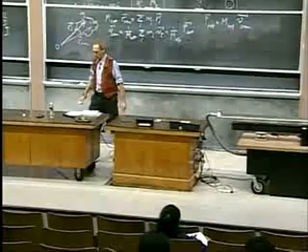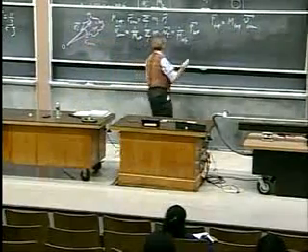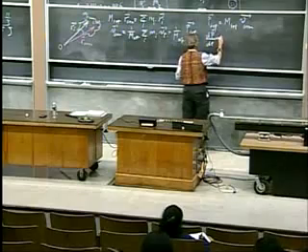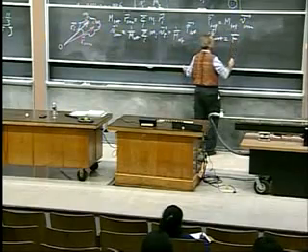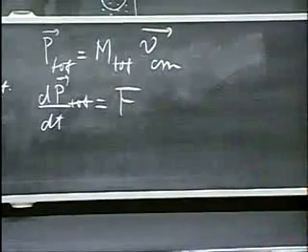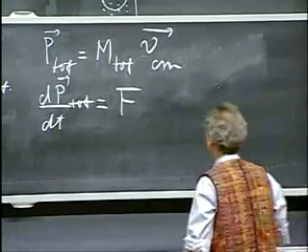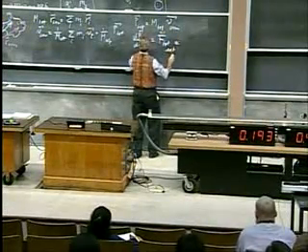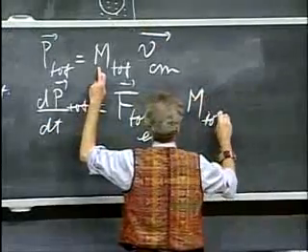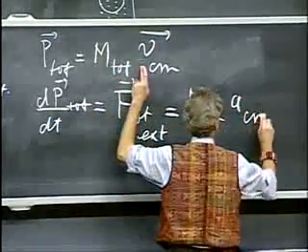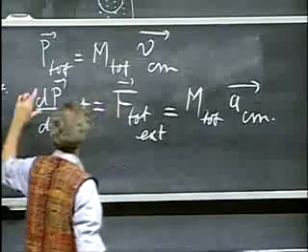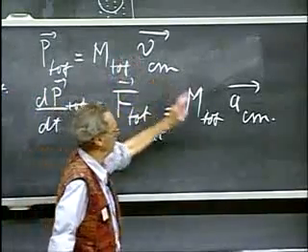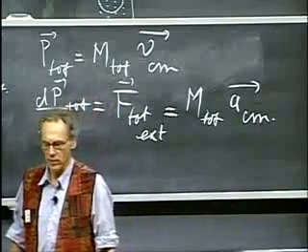And if I take the derivative of this, then dp/dt of the total momentum, of which we learned that the total momentum dp/dt is the total external force. We already learned that earlier. That now is the total mass of the system times the acceleration of the center of mass. Because I take the derivative of this equation, that gives me the dt here, and the velocity changes to acceleration.